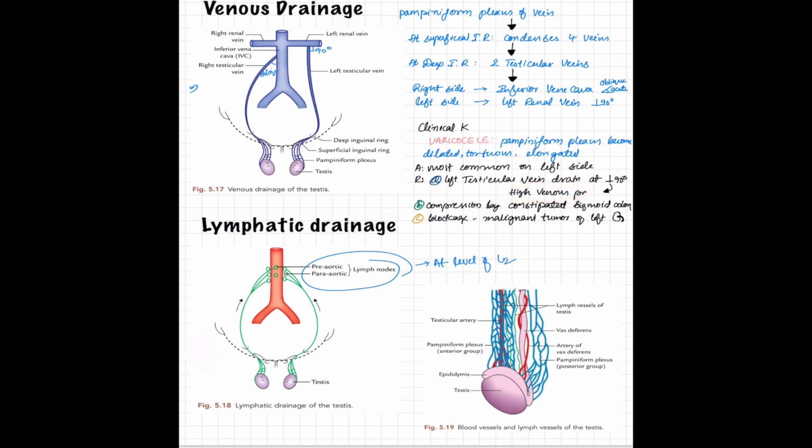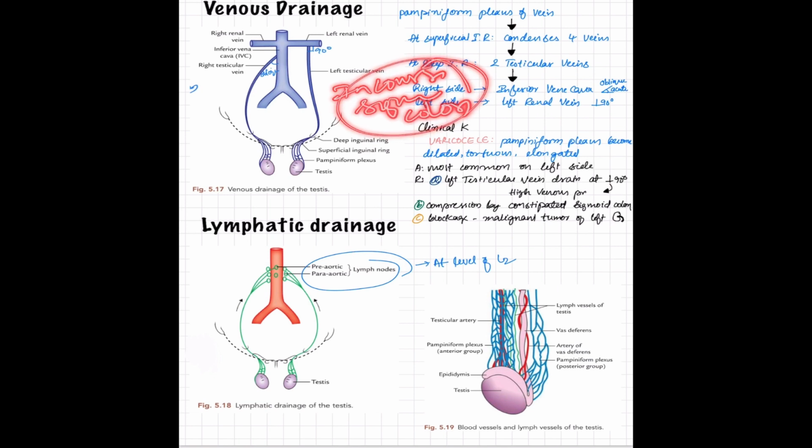Why did I say course? Because of a constipated sigmoid colon. Why does a constipated sigmoid colon lead to varicocele? Because the left testicular vein is related in its course to the sigmoid colon.